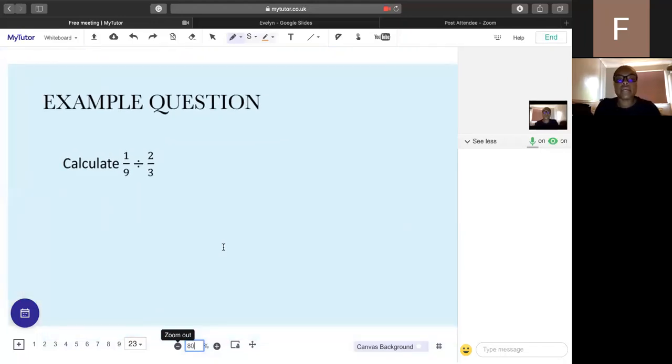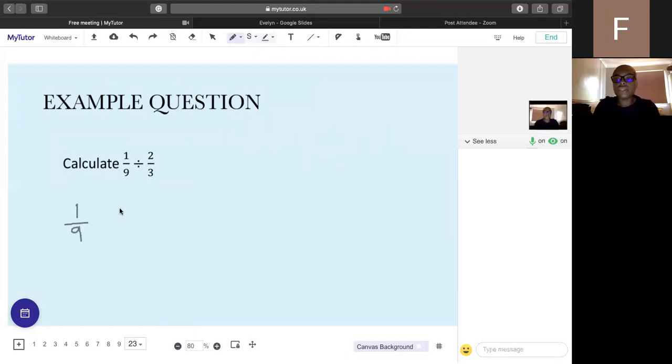So we want to calculate 1 over 9 divided by 2 over 3, sorry. We're going to do exactly the same method as we discussed. So we've got keep. We're going to keep the first fraction exactly the same, 1 over 9.